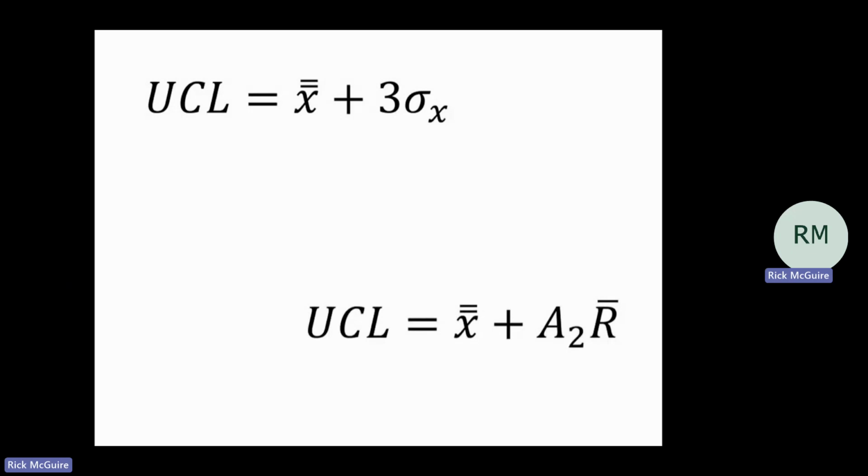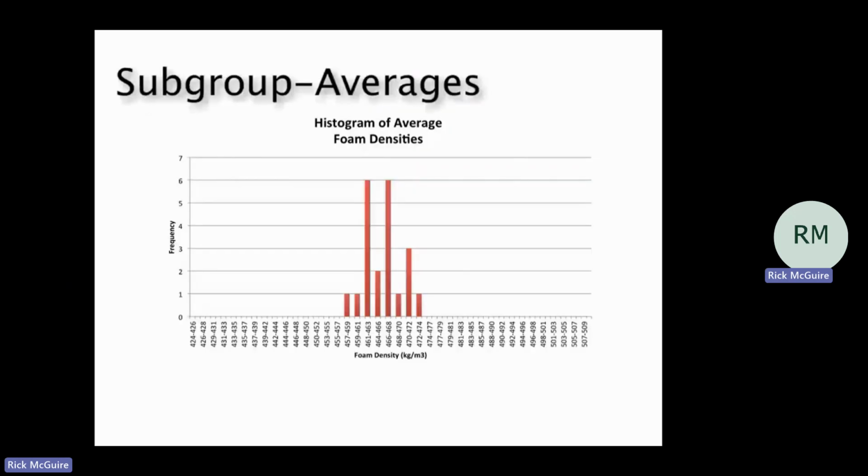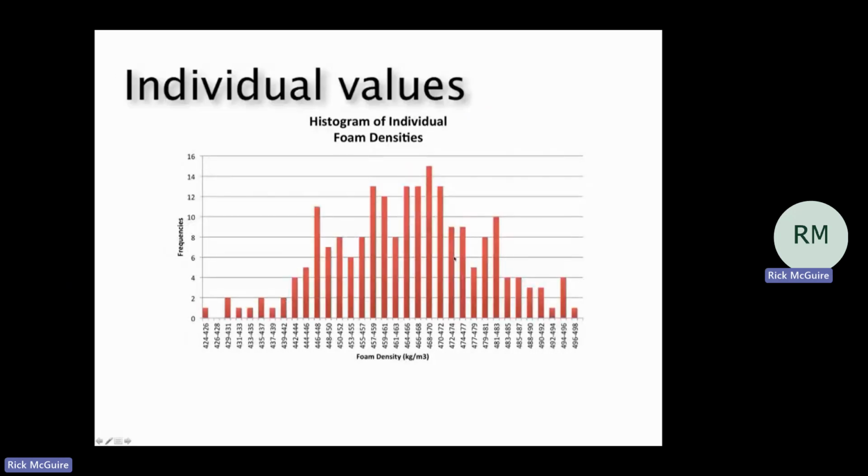The specific term that we use to calculate this number is A2 times R bar. A2 times R bar is an estimate of the standard deviation of subgroups. In other words, it's an estimate of the standard deviation of this set of values here, not this set of values.